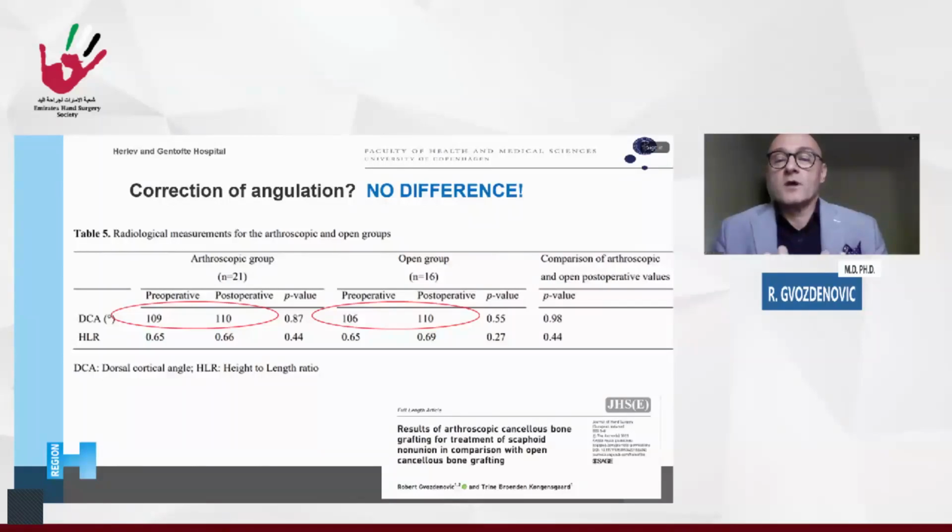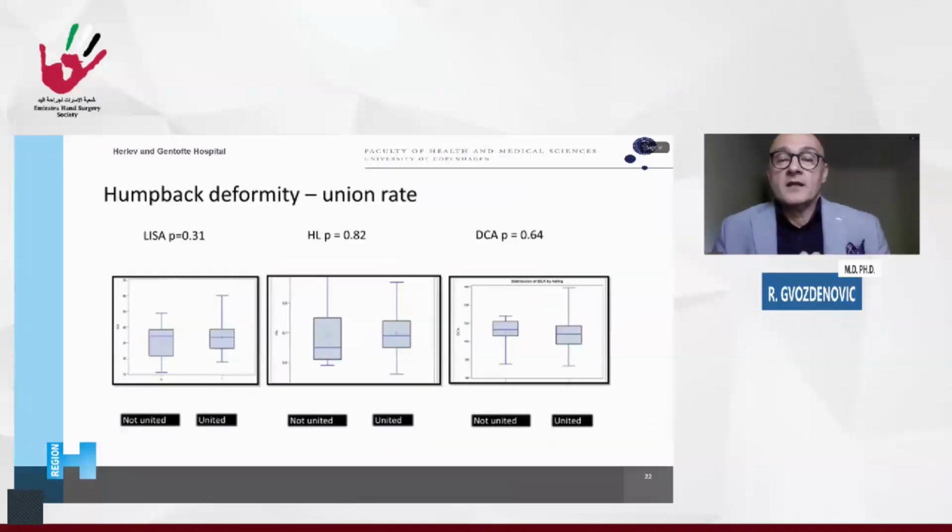The open group corrected the deformities only 4 degrees pre- and post-operatively, while the arthroscopic group corrected only 1 single degree. And if we use the height to length ratio, the measurements were totally insignificant. So we are not so good at correcting the deformity, although we think we are, but we are not.